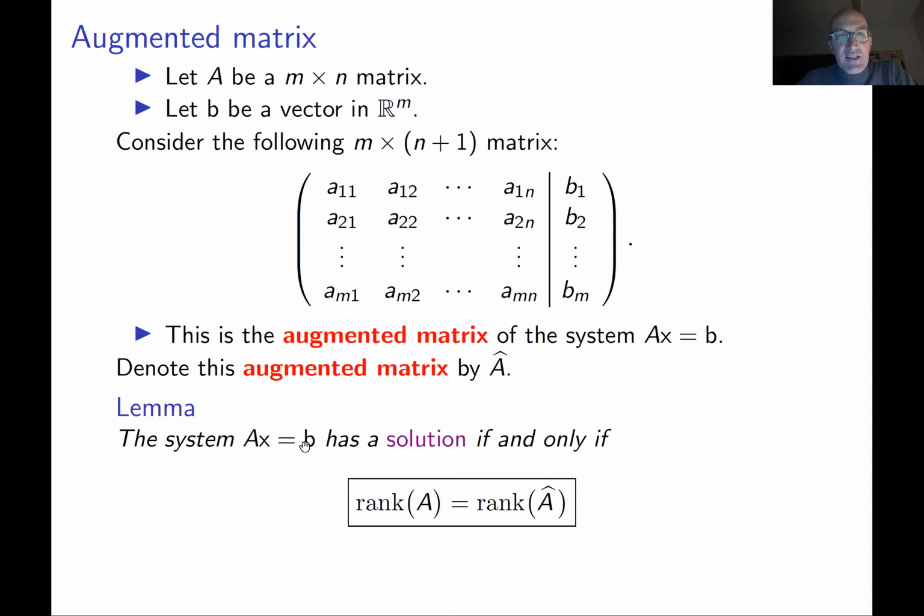So if it's equal to B, and you remind yourself what rank is, rank is the dimension of the column space. The column space of A is the span of these n columns.